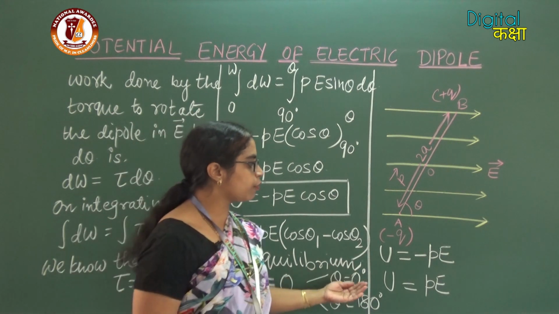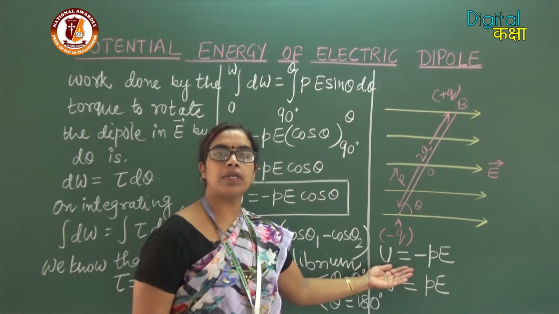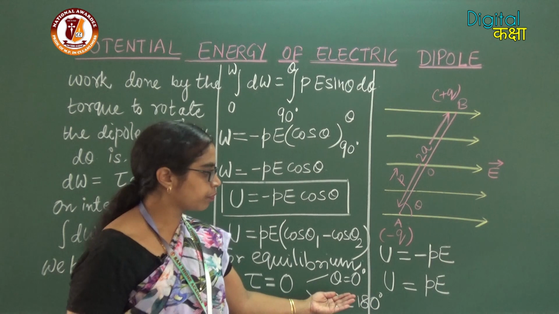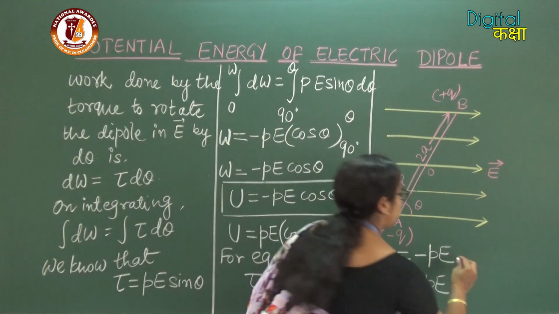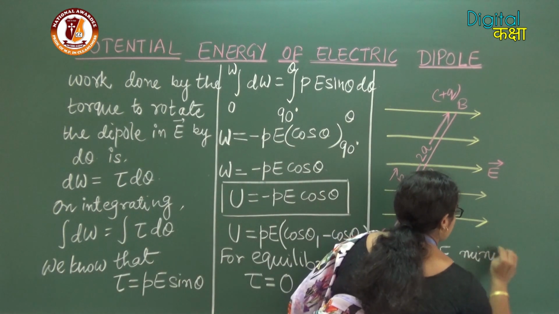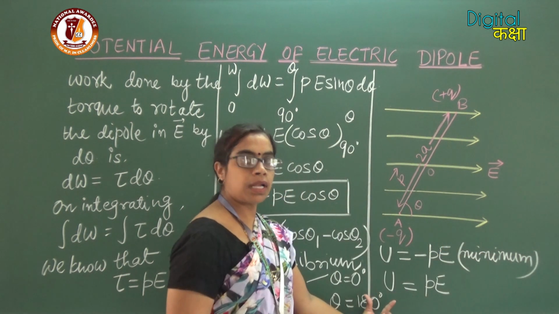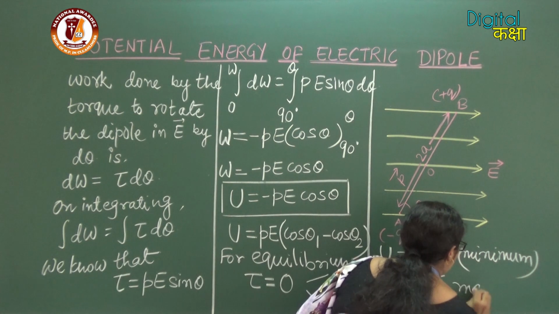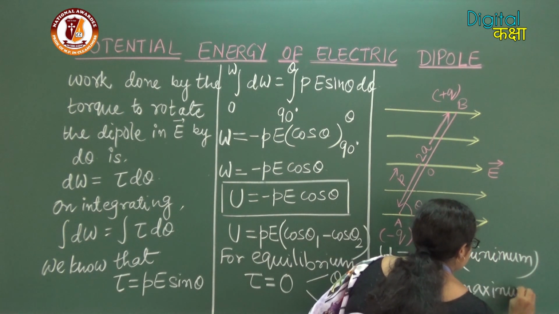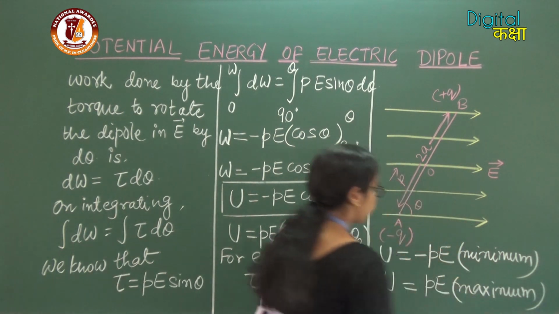Now what is the significance of these two values of the potential energies? In this case, the value of the potential energy is minimum, and in the other case the value of the potential energy is maximum.